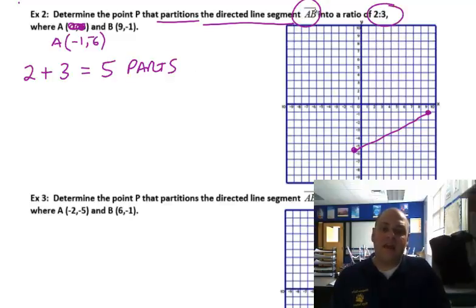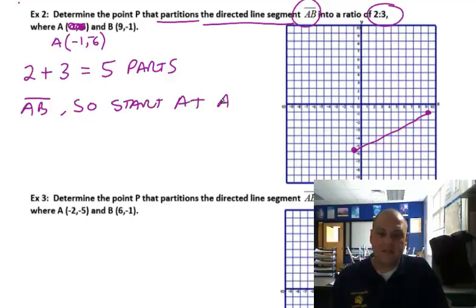Now, the directed line segment AB, A is the first letter, so start at A. And then what we're going to do is use the slope: 1, 2, 3, 4, 5, and then over 10. It goes up 5 and over 10.